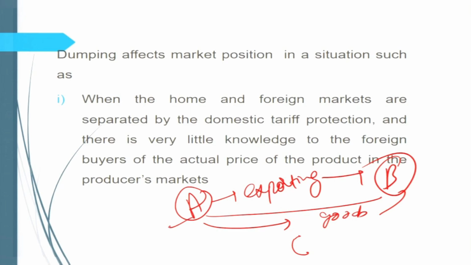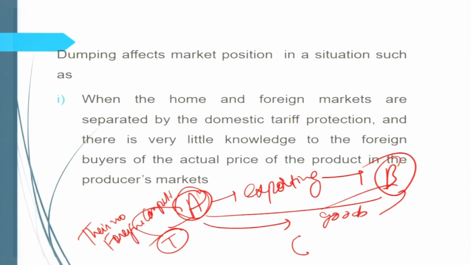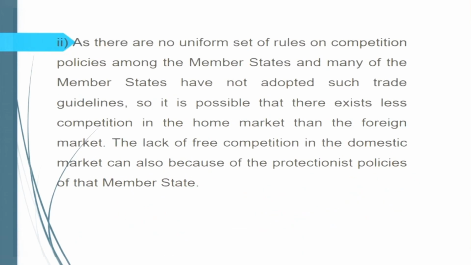One is that here the manufacturer, let us say T is the manufacturer from A, it is able to sell the good at a lesser price. How is it able to sell at the lesser price? Because of the domestic tariffs in this country, there are no foreign competitors here in this country for this T.